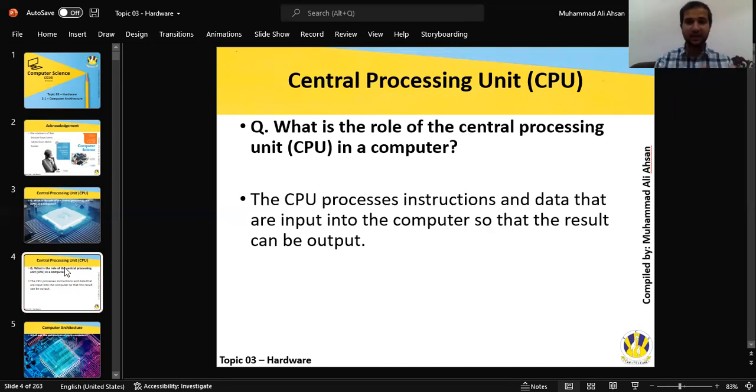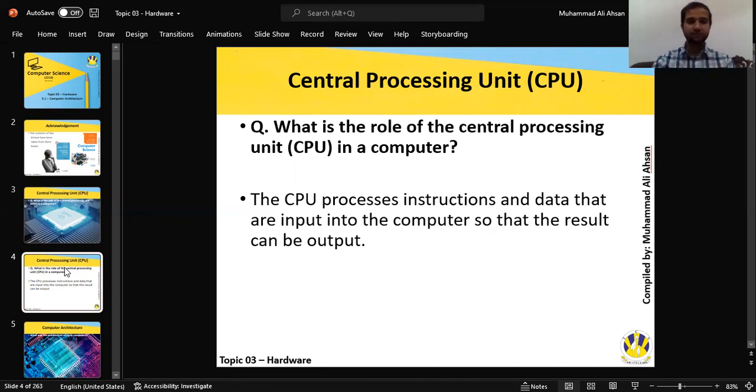And this processed data is displayed on the output devices like the monitor or the printer. So the processed data is given to these output devices by the brain of a computer, which is actually called the central processing unit. So this is the basic definition of what a CPU is.